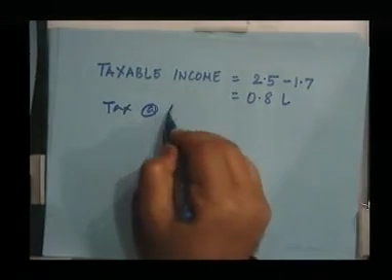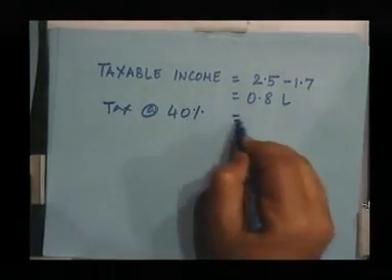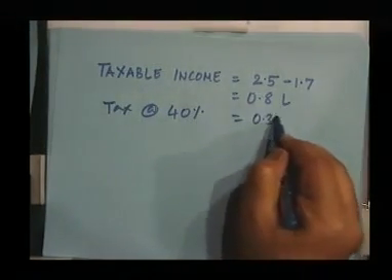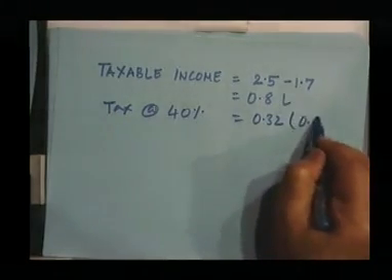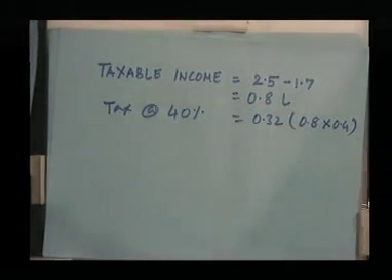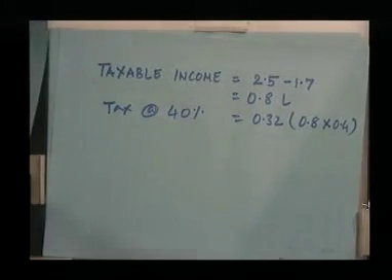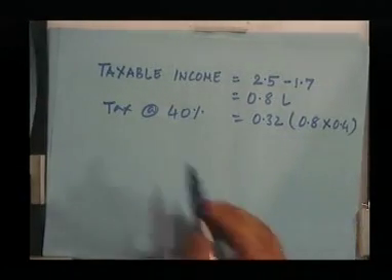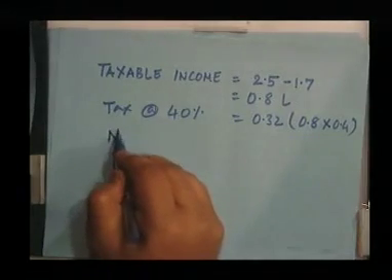Tax at a rate of 40% is 0.32 lakhs, which is nothing but 0.8 into 0.4, right? So I have to pay a tax of 0.32 lakhs. So what is my net income?